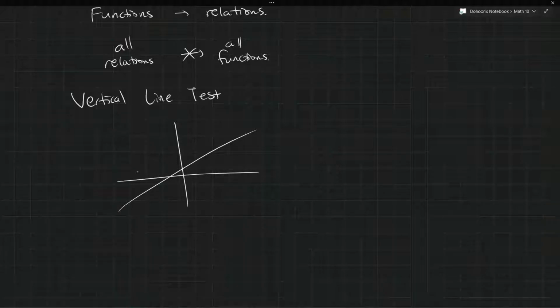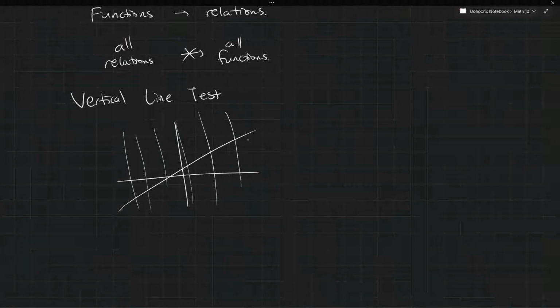I'm just going to scratch multiple vertical lines like that. You're looking for any moments during your movement where the vertical line intersects with the relation twice. Has it ever met twice with the graph? No, so we can say that this is a function. It passed the test.